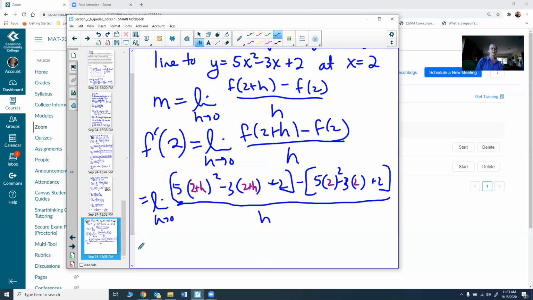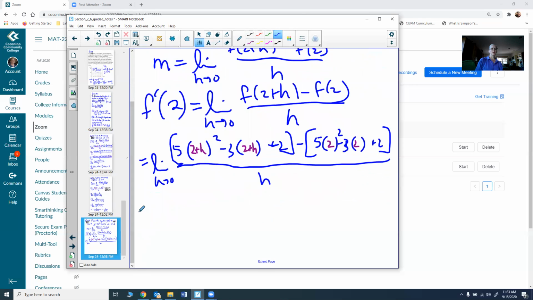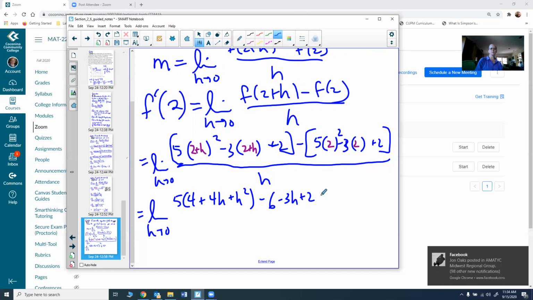Now we need to go ahead and multiply things out. I haven't done the limit, so don't lose that limit symbol. I'm going to have 5 times 2 squared, which is 20, plus 2 times 2, which is 4h, plus h squared, minus 3 times 2, which is 6, so minus 6, minus 3h plus 2.